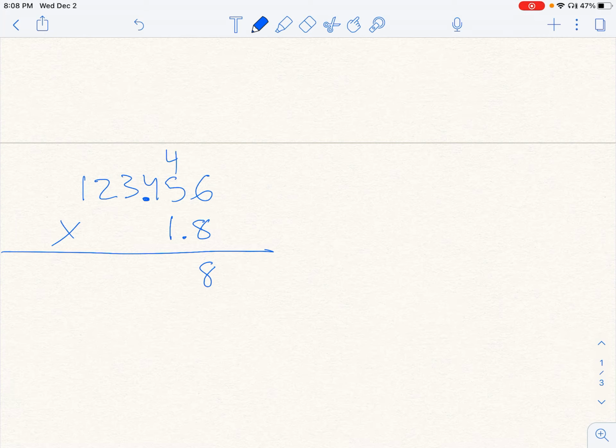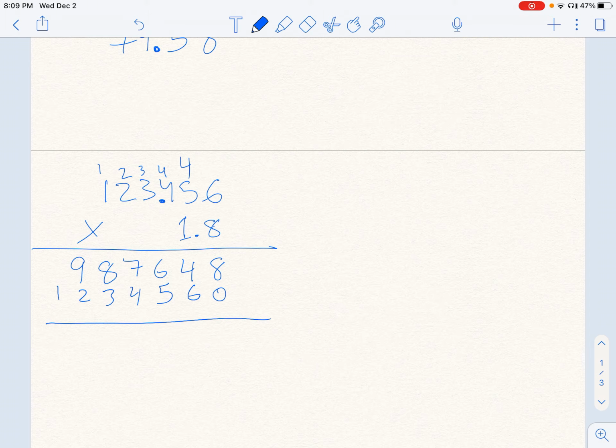Okay, put the 0 over the next column. Sweet, times 1, so 6, 5, 4, 3, 2, 1. Now I will add these up. 8, 10, 12, 12, 12.